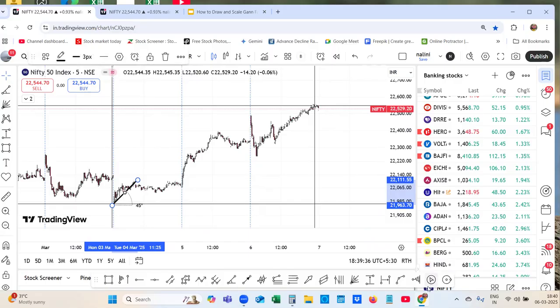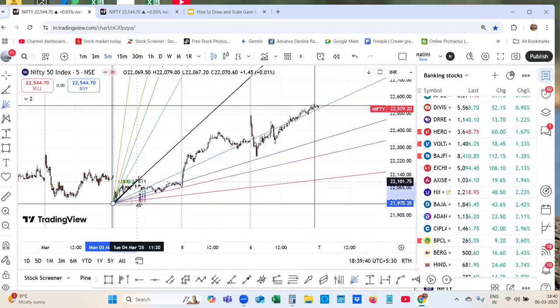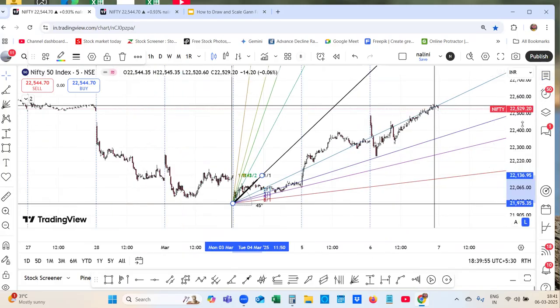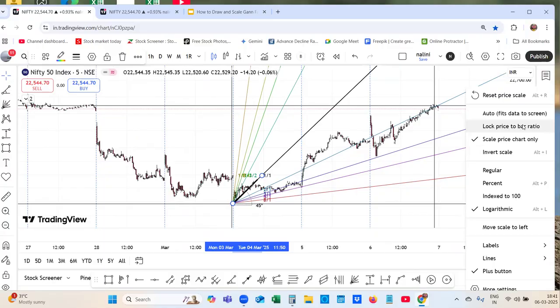Then taking the Gann fan and approximating the 1/1 angle, that is 45 degrees, to the 45-degree angle. And I'm right clicking on the price scale.